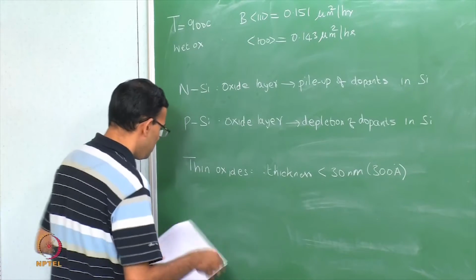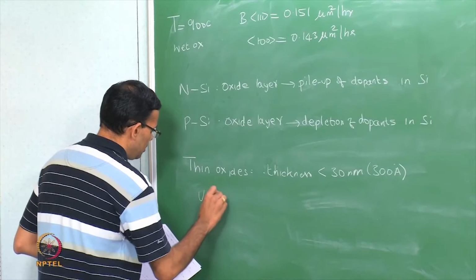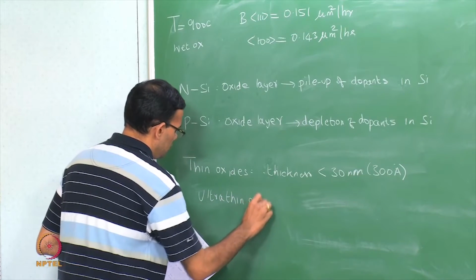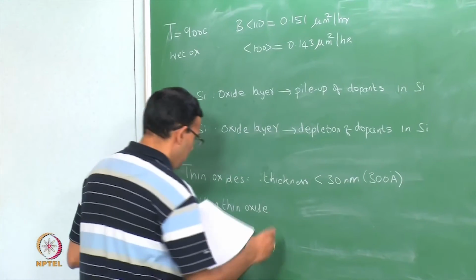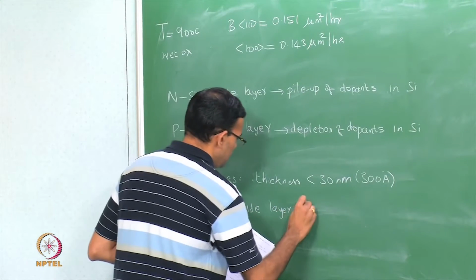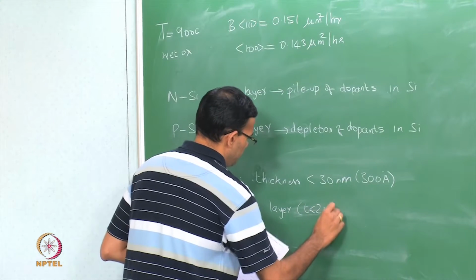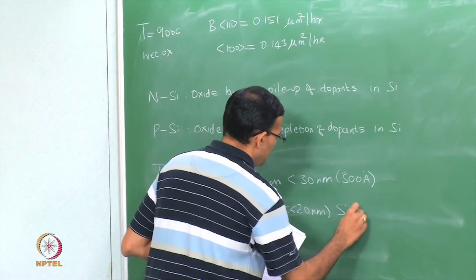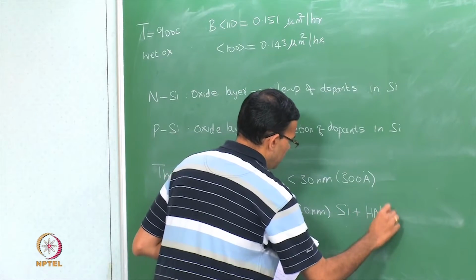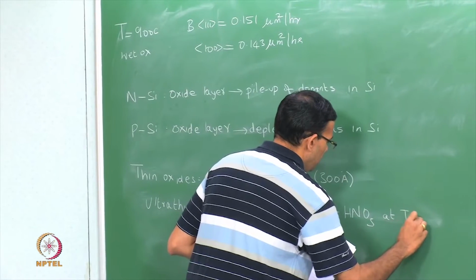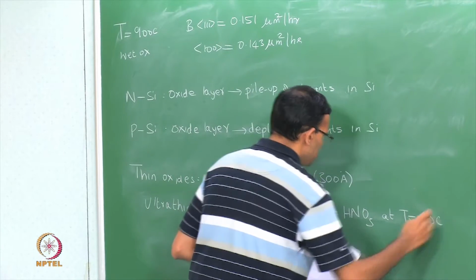For example, an ultra thin oxide layer, so the thickness is less than 20 nanometers, can be grown by silicon reacting with nitric acid at temperatures of around 100 degrees.